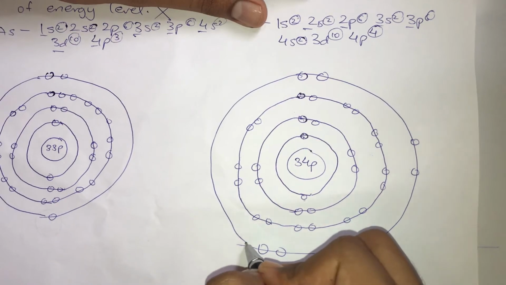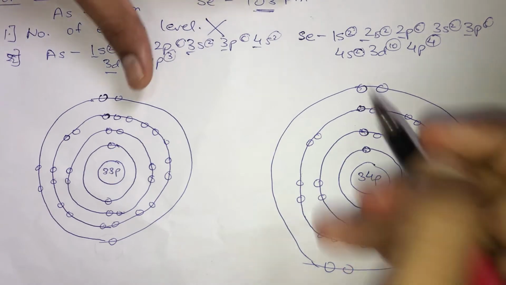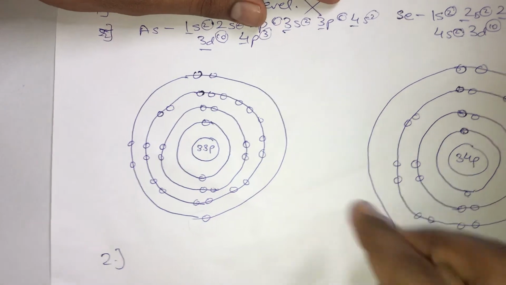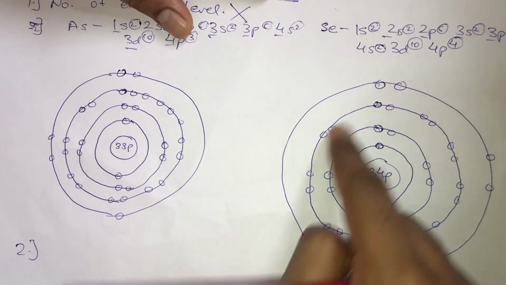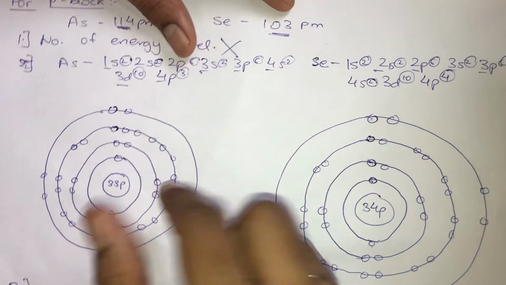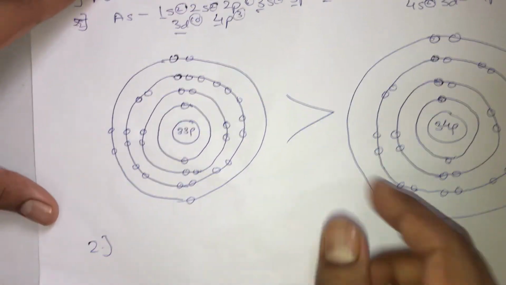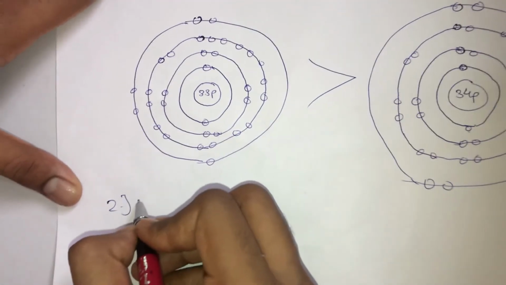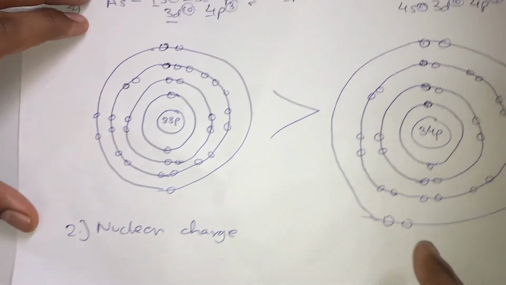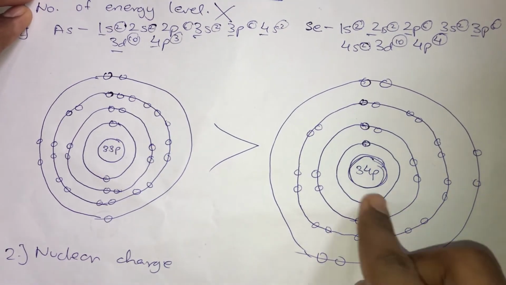Now, let's understand why the size of selenium is less than arsenic. So, our second factor. I have drawn selenium greater over here because this is my rough diagram. Don't think that selenium has greater size than arsenic. No, arsenic has greater size than selenium. The second factor is nothing but our nuclear charge. It is obvious that selenium is going to have greater nuclear charge as it has 34 protons present inside the nucleus.